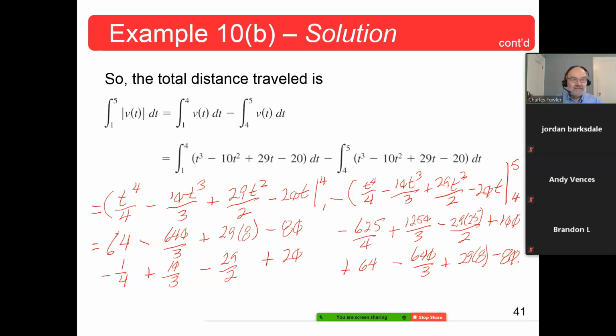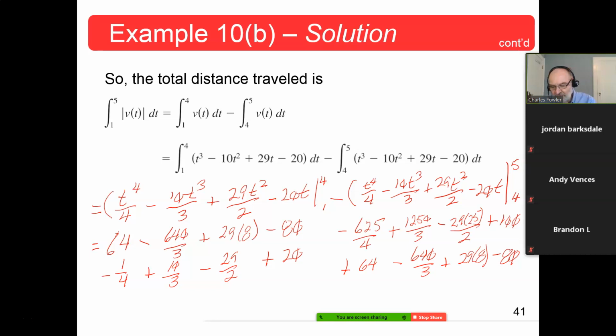Okay, so now I'm going to get the handy dandy calculator and see what we got. So let's go for it. Get my calculator set up, my phone shut off, get the calculator back.